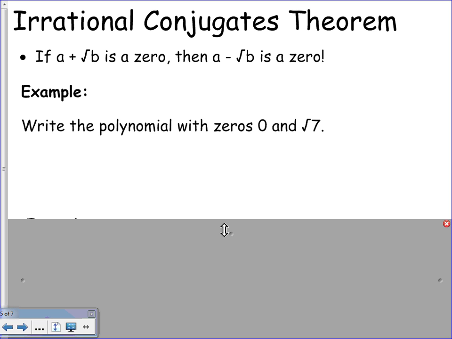So I'm going to say, since square root of 7 is a solution, then negative square root of 7 is also a solution. Are we okay with that statement? If it's negative square root of 7 and positive. Yes.